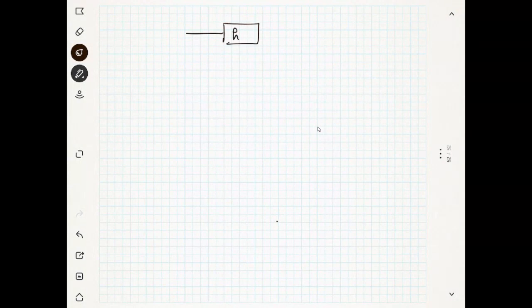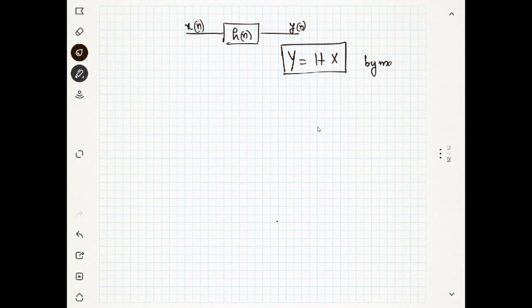So what is the overall conclusion? If you have a system h of n and you have y of n and the input x of n, you can represent your y as h into x by using the matrix notation. I think you will agree with me in this regard. It's a very simple thing.